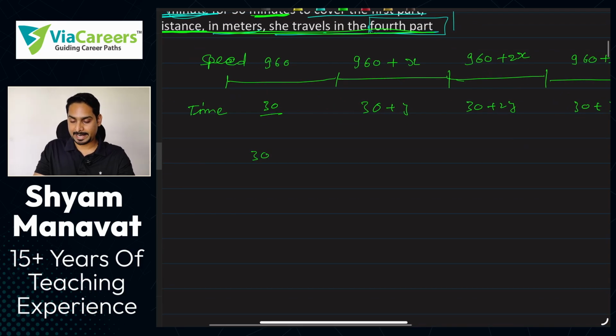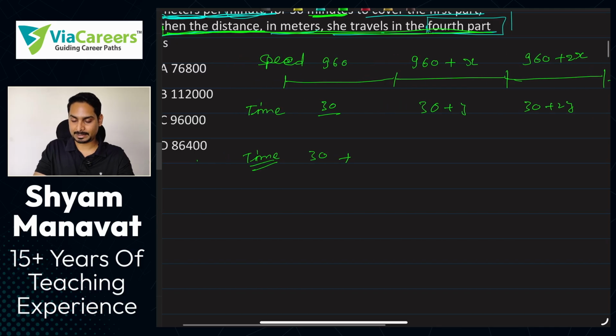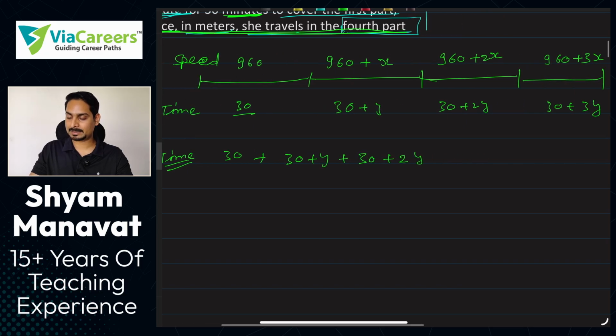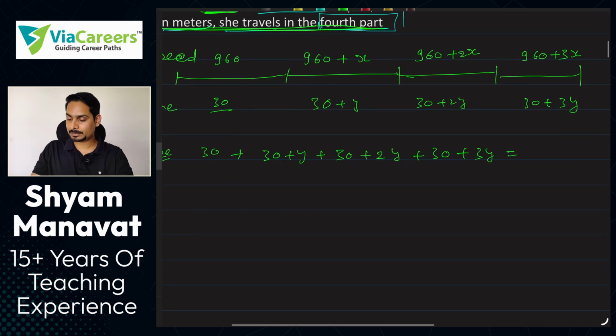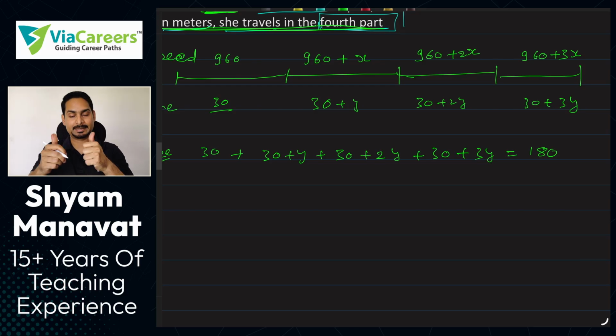Here we are adding all the time taken: 30 plus y, plus 30 plus 2y, and in the 4th part, 30 plus 3y. As per the question, this total time is equal to 180 minutes. How 180? 3 hours converted into minutes is 3 into 60, so I am writing directly 180 minutes. Is that fine?